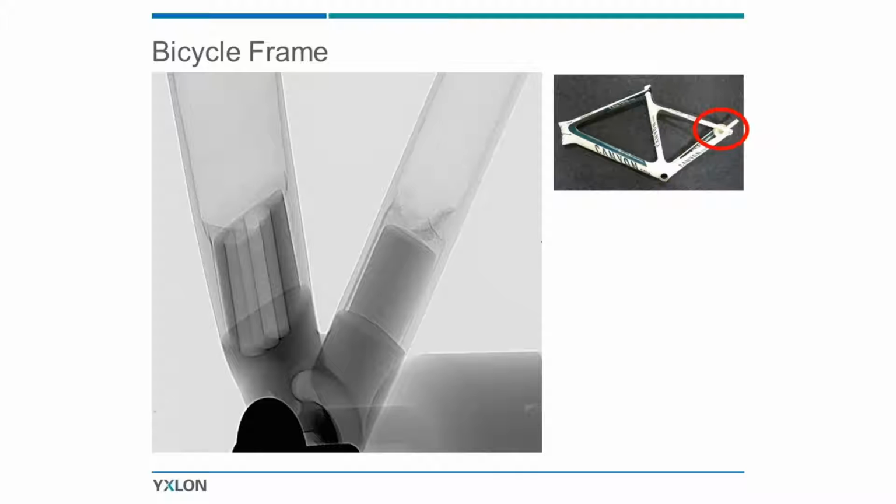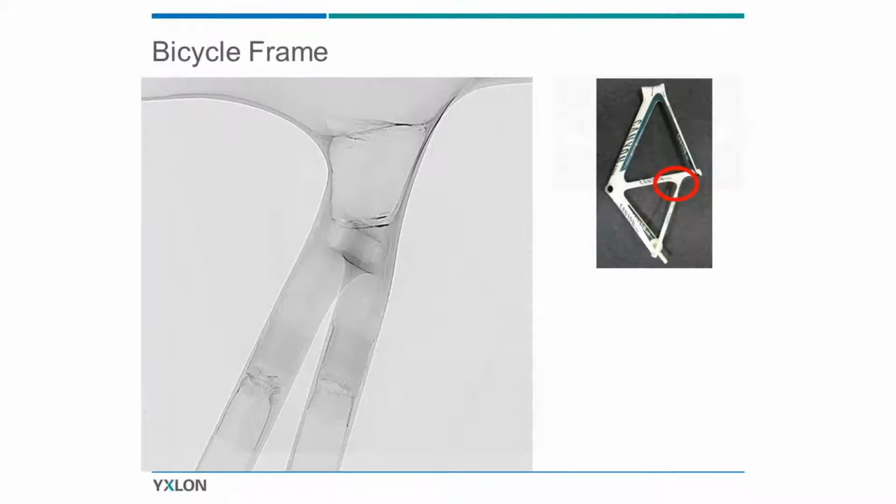This is a bicycle frame, and this is a digital radioscopy image of the section where the wheel connects to the frame. You can see some of the wrinkles in there, and some things that might be of interest to you. Here is another example, in another area of the frame, and this is a static image.